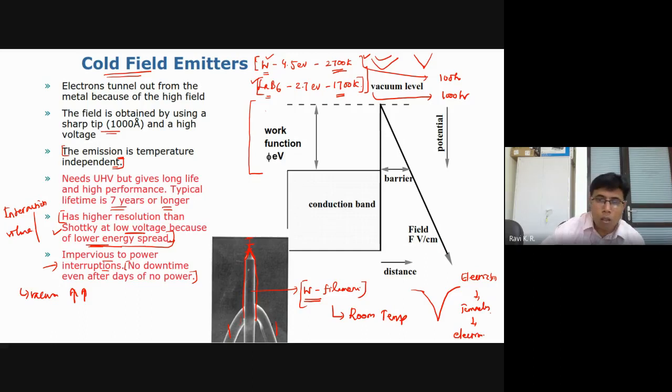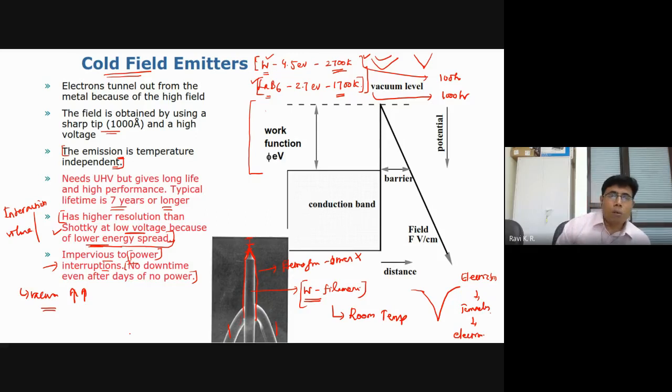You always need very high vacuum levels so that you don't have any accumulation of dust or gas molecules sitting on those surfaces. To maintain the vacuum level, you need power. Without power, you cannot maintain the vacuum. So though we don't need power for the electron gun, we need power for maintaining the vacuum.